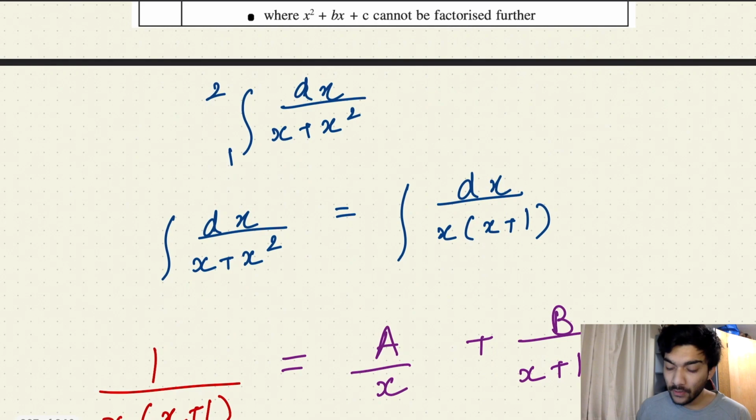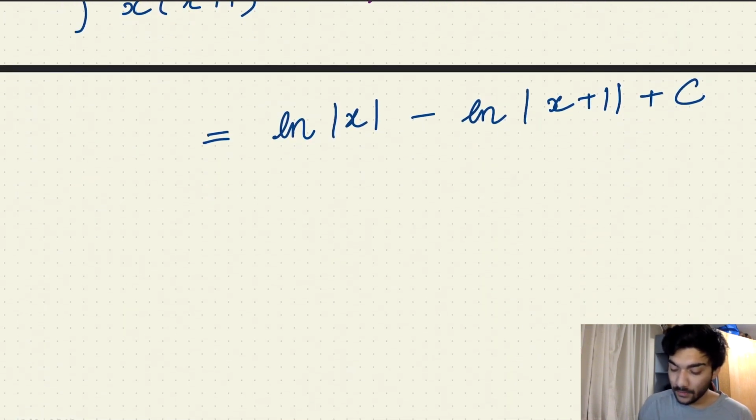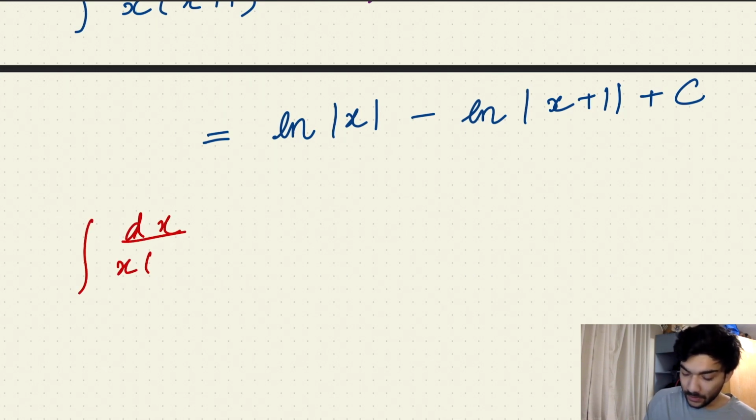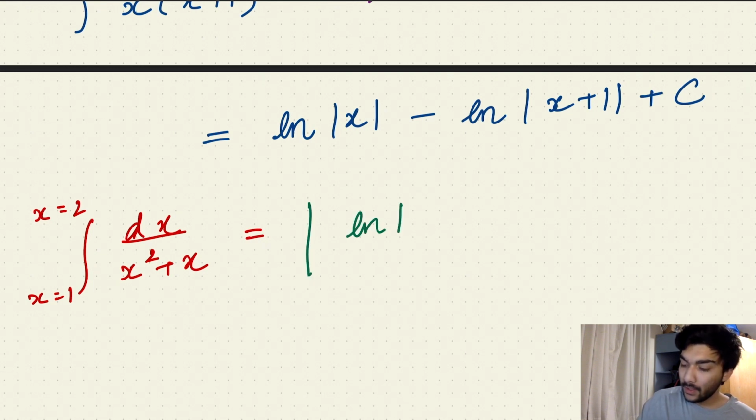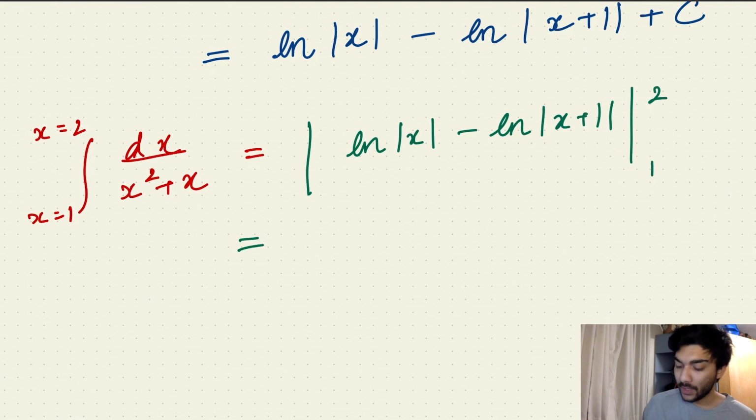But since in the original question we have to calculate the definite integral from x equals 1 to x equals 2, if we calculate the definite integral, in this case, it would simply be integral dx upon x squared plus x from x equals 1 to x equals 2. This would simply be ln x minus ln x plus 1 with the limits 1 and 2, right?